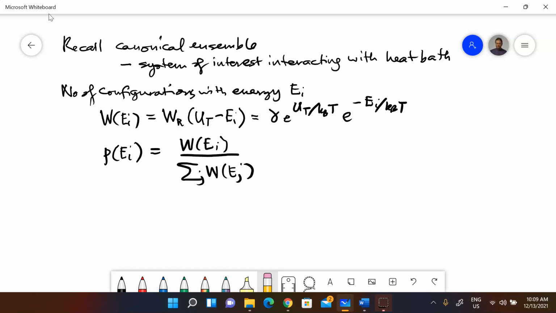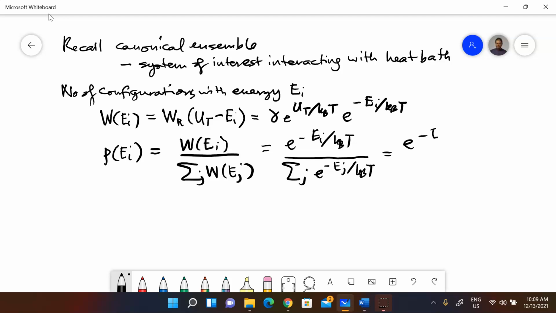So that's just that, and then this will give you e to the minus E_i over k_B T, and then the sum over j of e to the minus E_j over k_B T. The denominator we have a symbol for, which we introduced in the last lecture, called Z, and this Z is called the partition function.